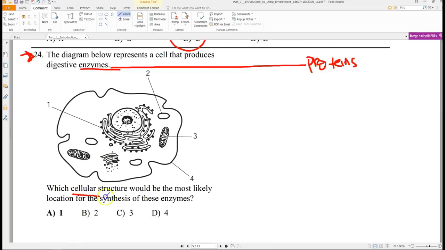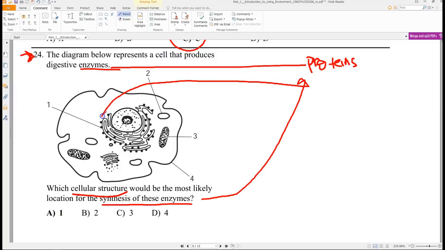Which cellular structure would be the most likely location for synthesis of enzymes, synthesis of proteins? The ribosome, which is choice 1, which in this case is choice A.